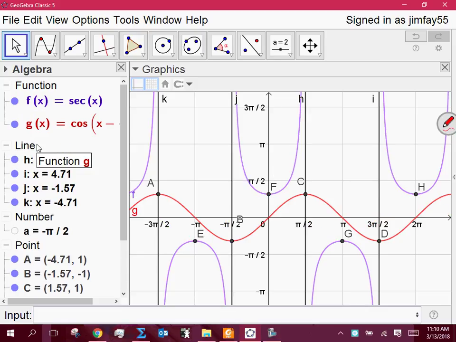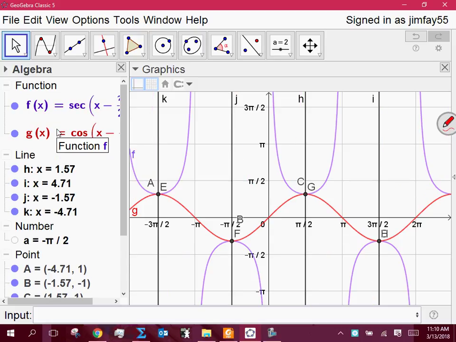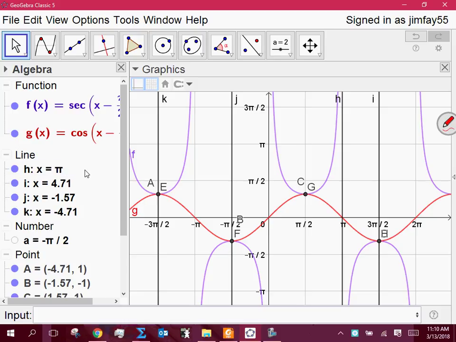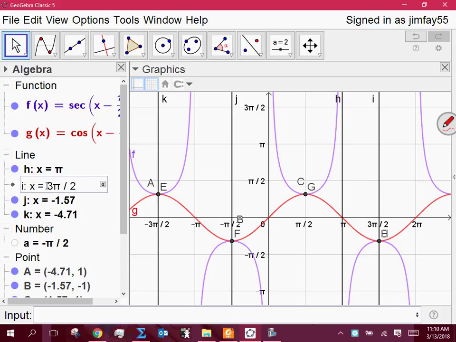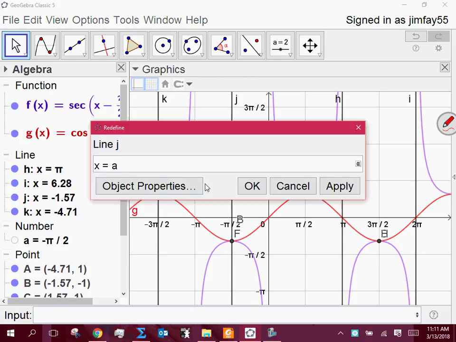So let's take everything else and move it to the right pi over 2 units, and then move my asymptotes pi over 2 units. Move that one pi over 2 units.